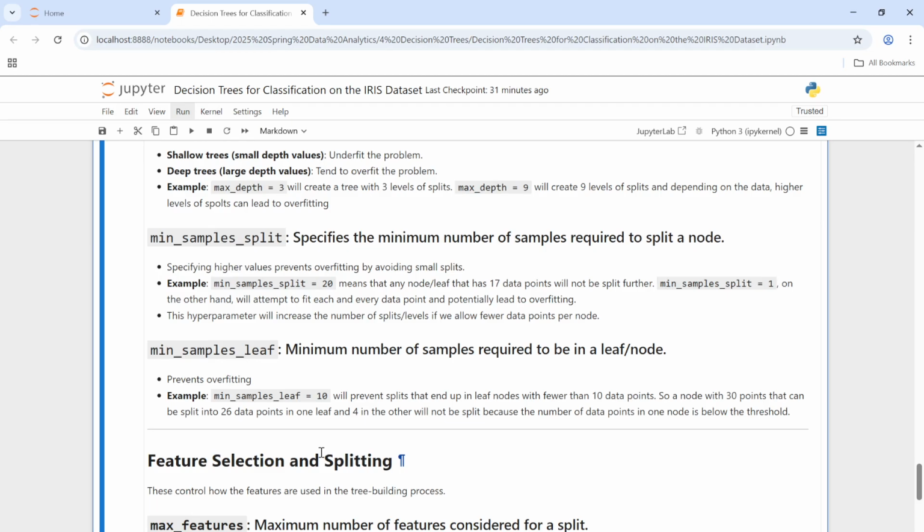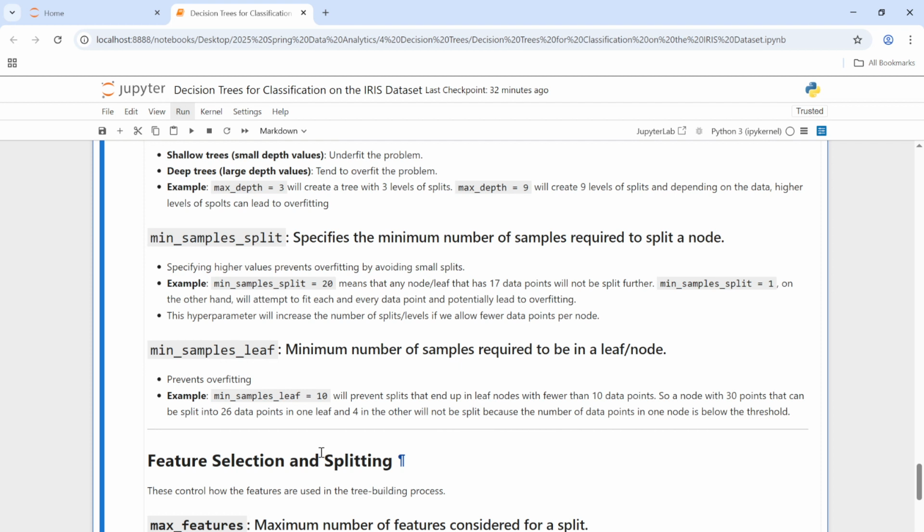So this would allow us to essentially prevent the decision tree from overfitting the data by specifying a relatively large number. So if you specify a number to be 20, then any leaf that contains less than 20 samples is not going to be split further, and the tree terminates at that point.